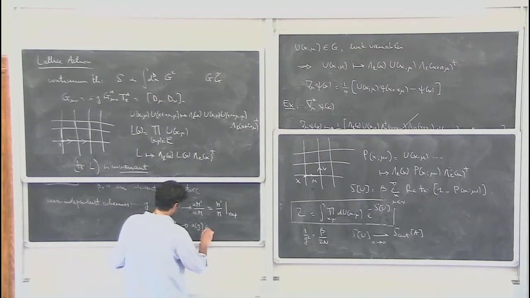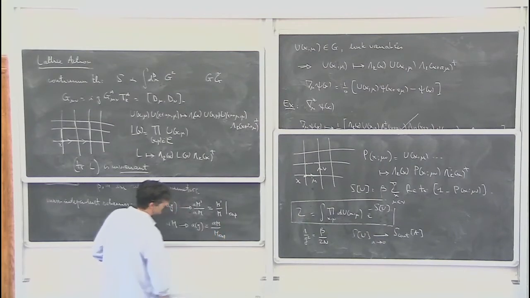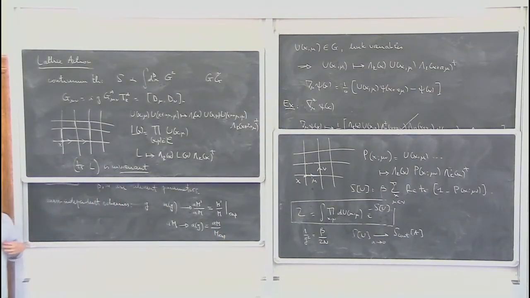Okay? And that's just am, which is the quantity that you compute on the lattice, divided by the experimental value of the scale. Does that make sense?